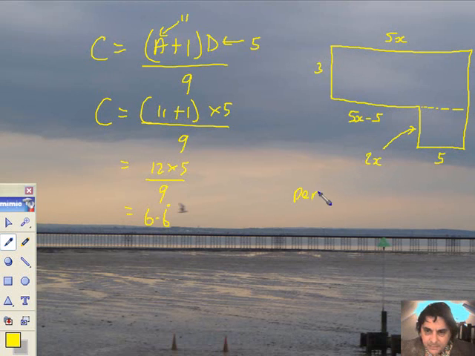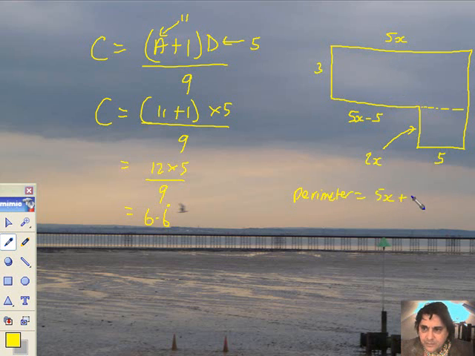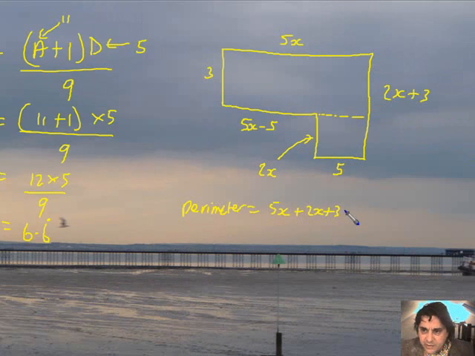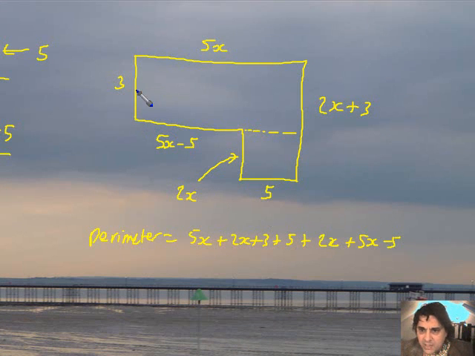This is part A. Same thing, distance around the edge. So starting with that one, got 5x plus 2x plus 3 plus that 5 there plus that 2x there plus that 5x minus 5 there plus that 3 there. And I've come back to the beginning.